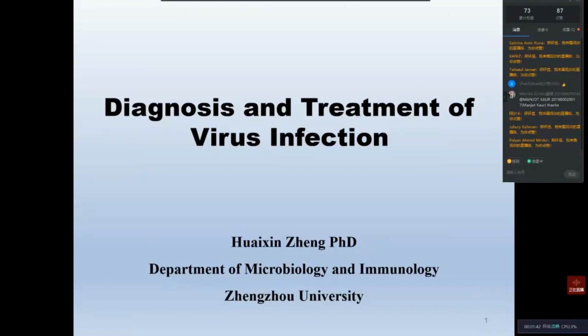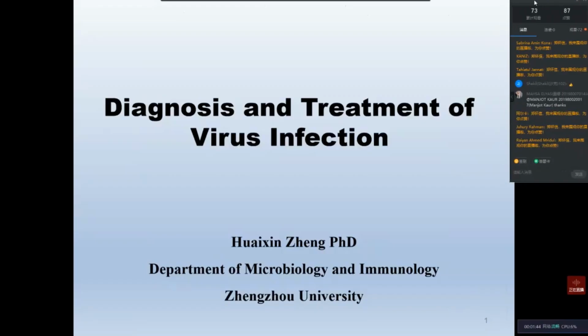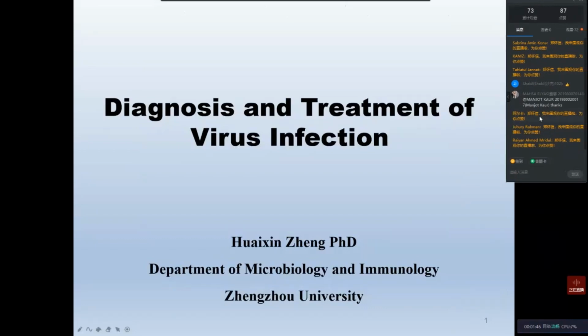So the first thing, for diagnosis of viral infection, you can see that the procedures here are somehow different from what we learned before. You can use different methods for diagnosis. First one is that if you have a patient coming into your clinic, you can check the signs and symptoms of your patient.